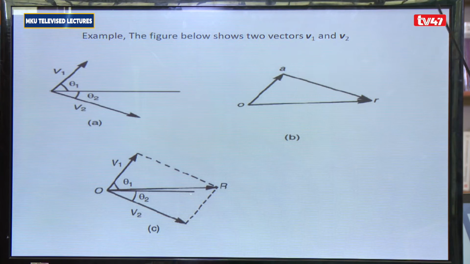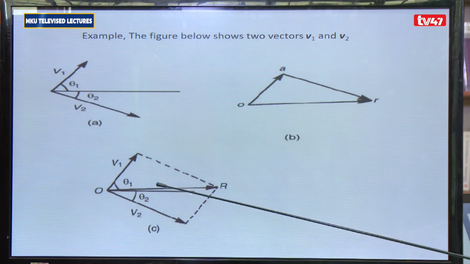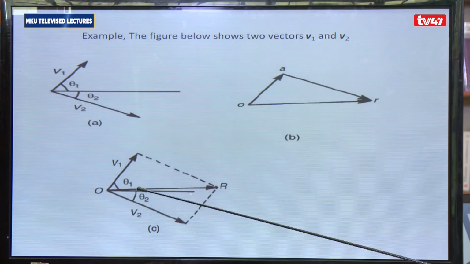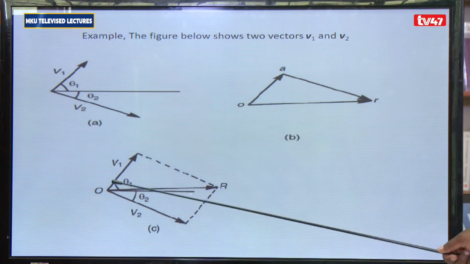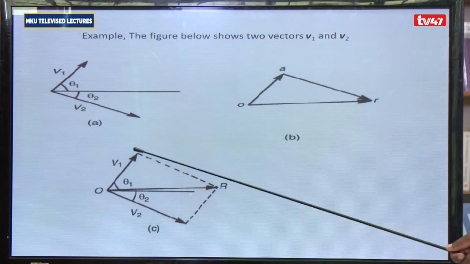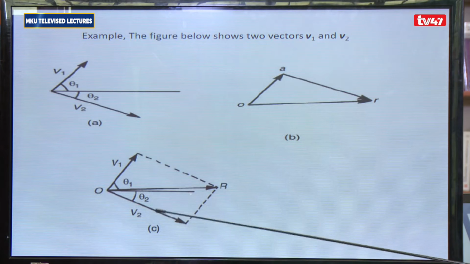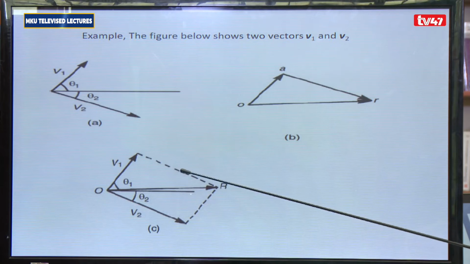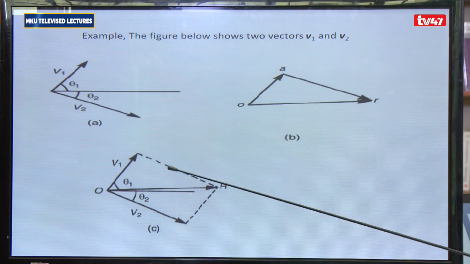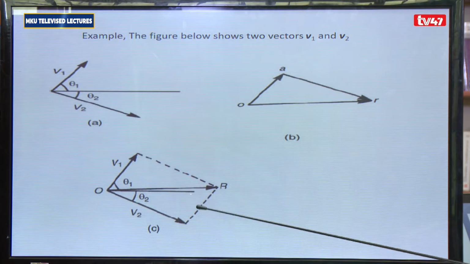And then using the parallelogram method, which is shown by the second diagram here, we have got the vector V1 and the vector V2. You complete this so as to form a parallelogram. So this side is similar to this side, and this side is similar to this side.